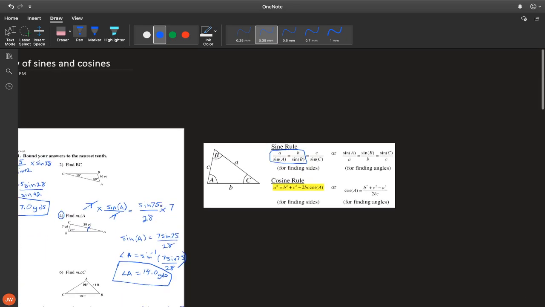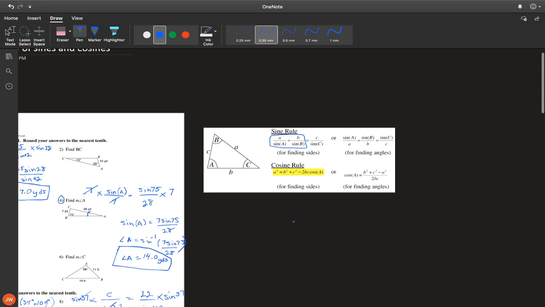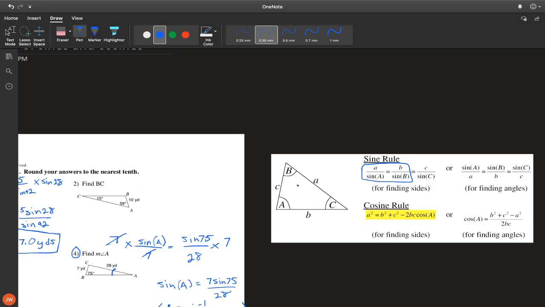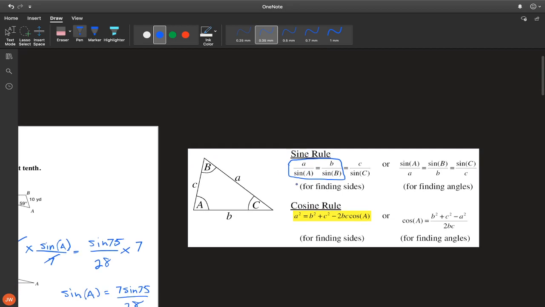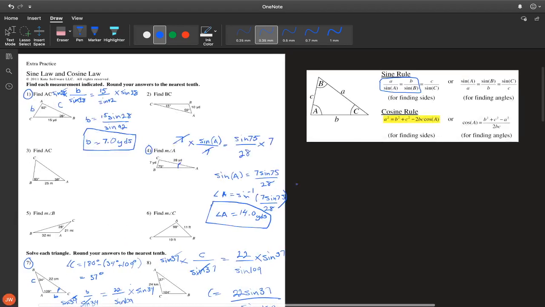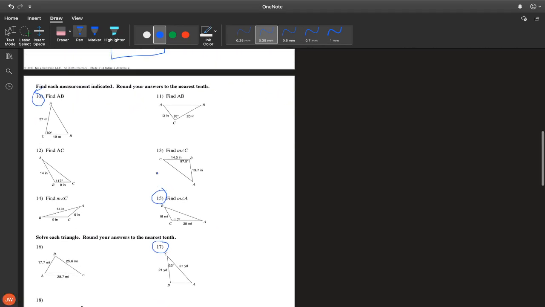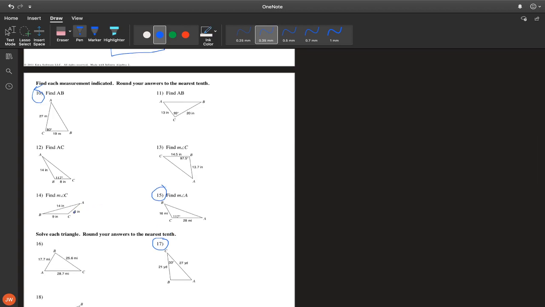Alright, so looking at cosine law, you can see the equation here. So a squared equals b squared plus c squared minus 2bc cosine of angle A. So for cosine law, you're going to be looking at triangles in either side, angle, side format, SAS, or side, side, side format.